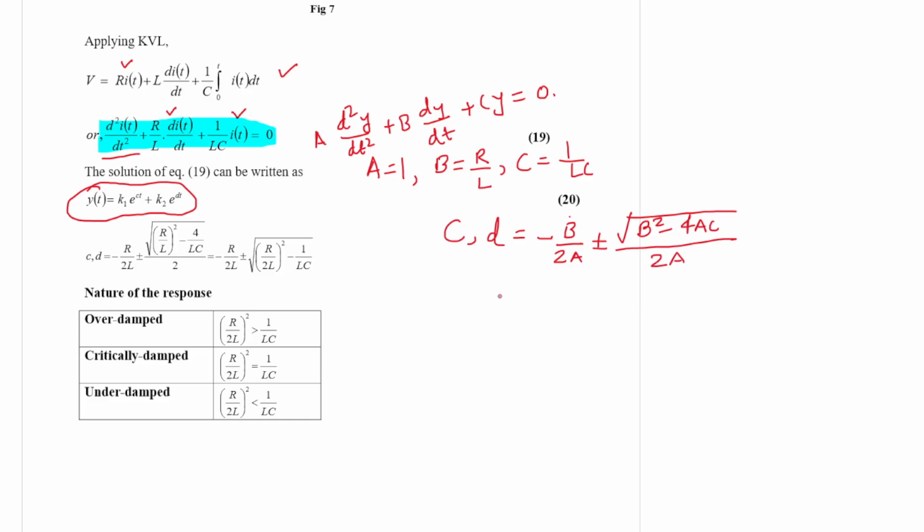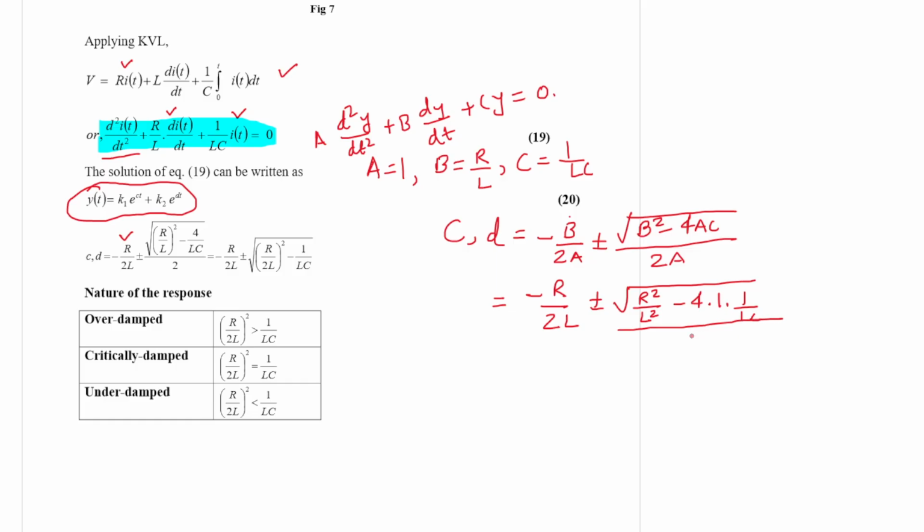So if you substitute, what is B? B is equal to R by L, and what is A? 1. So it will be minus R by 2L plus minus root under B square, which is R square by L square, minus 4 into 1, since A is equal to 1 and C is equal to 1 by LC, by 2A.